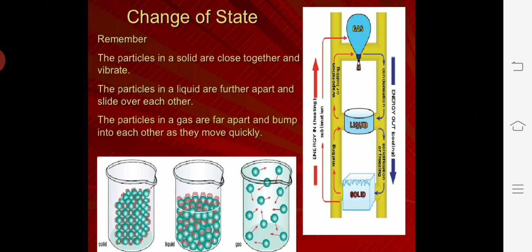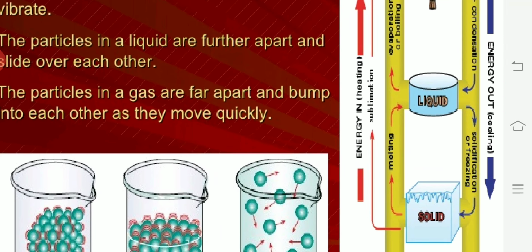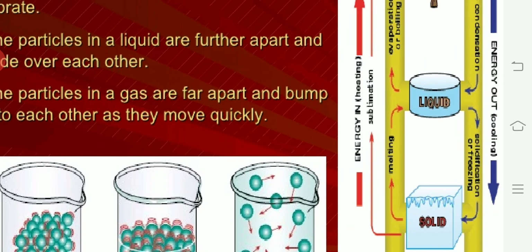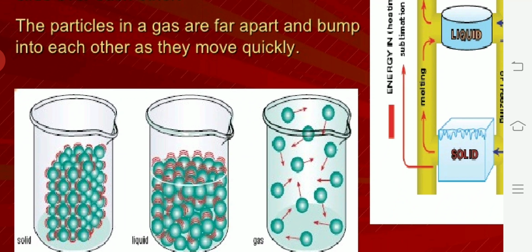What happens when physical changes occur? Suppose we have a solid material, so all the molecules of the solid are closely packed. You can see the first beaker. What happens if we start to melt this solid? The molecules loosen and space is generated, which means the solid converts into liquid.